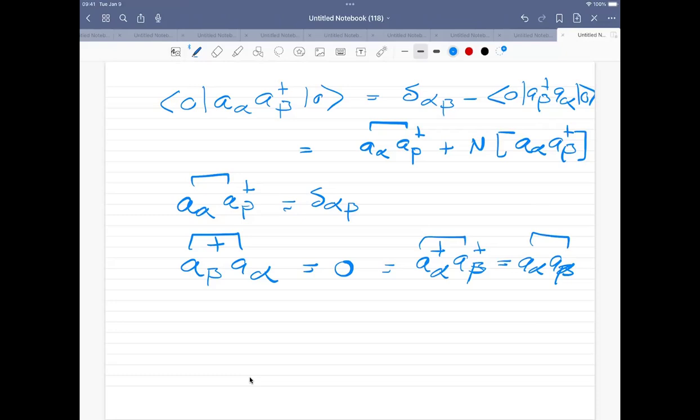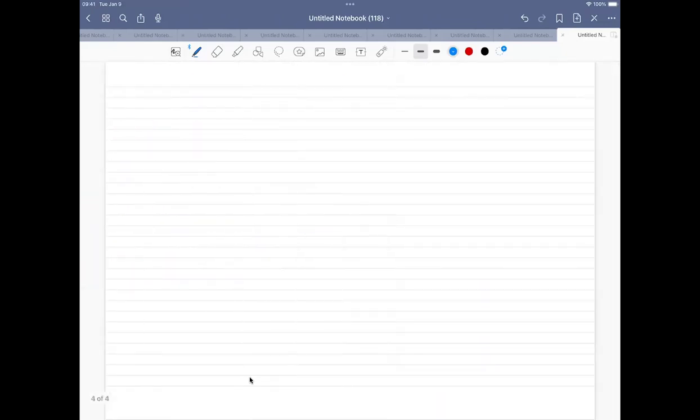So this was a quick reminder of Wick's theorem. Now, one of the things which we also discussed last week was the rewriting of one body and two body operators in terms of second quantized operators. So for the energy Hamiltonian, we had a one body operator H0, which we can now rewrite in terms of a sum over all the available single particle states.